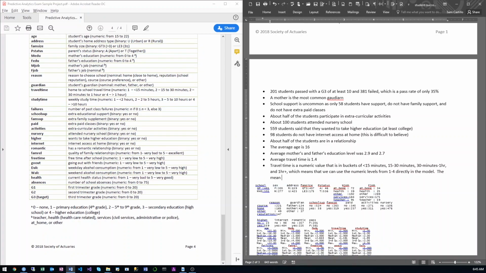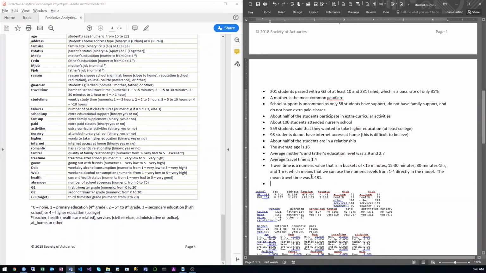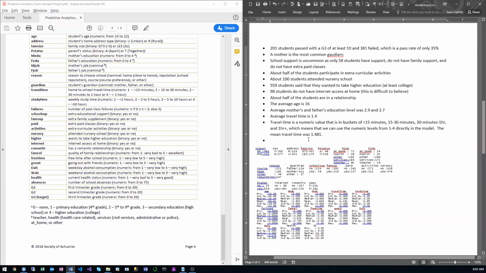The mean travel time was 1.841, which doesn't have a clear interpretation, but that's okay. It's just a numeric value.